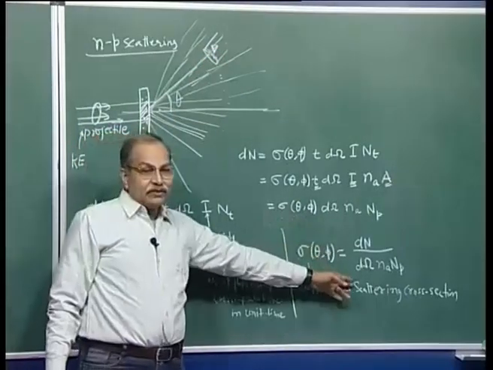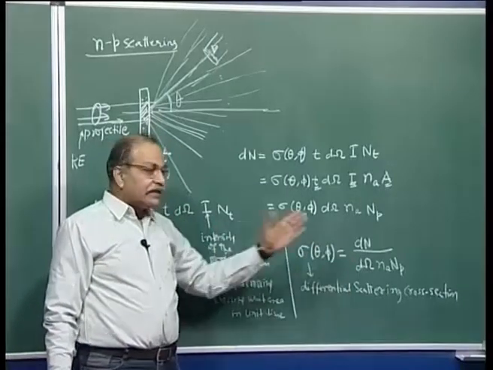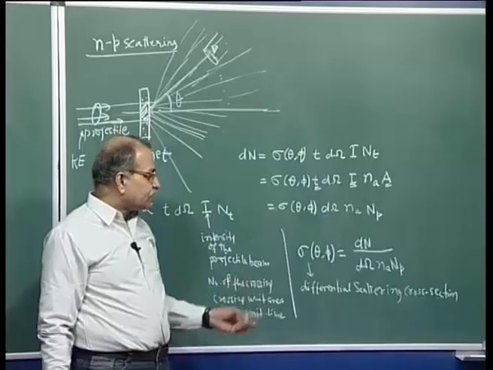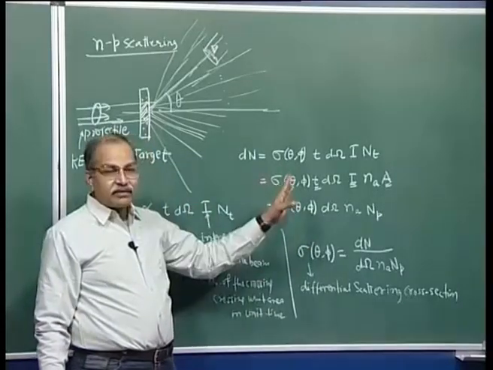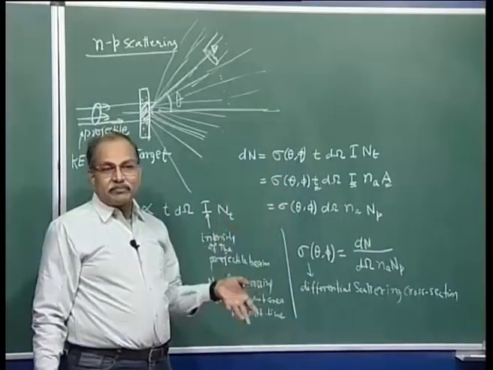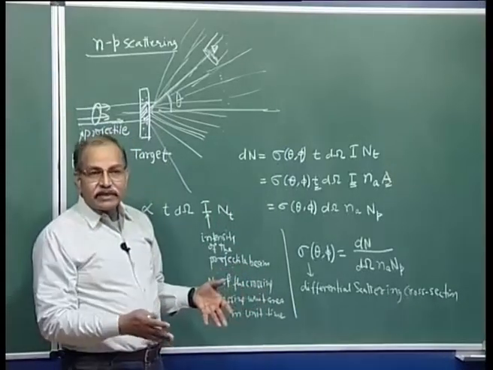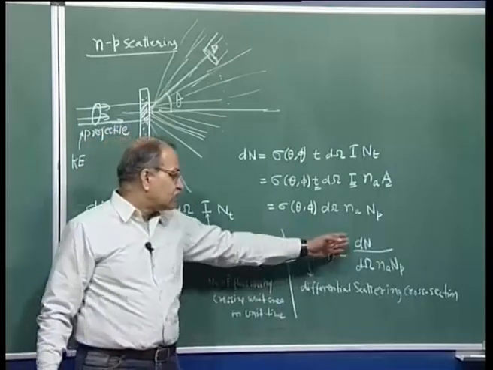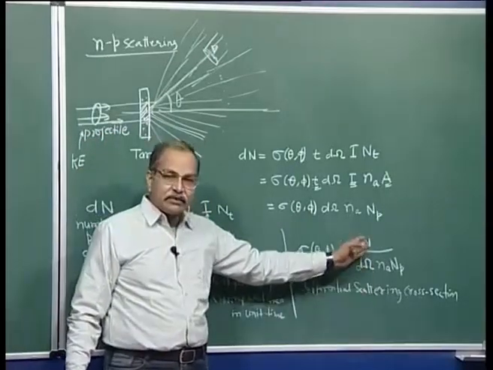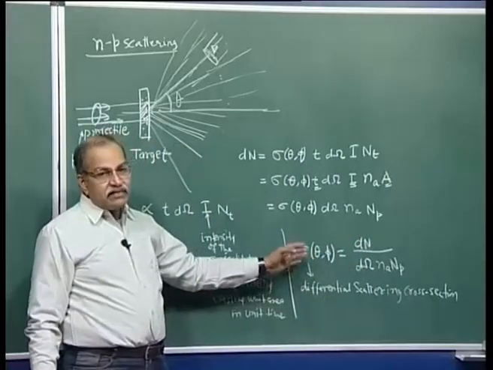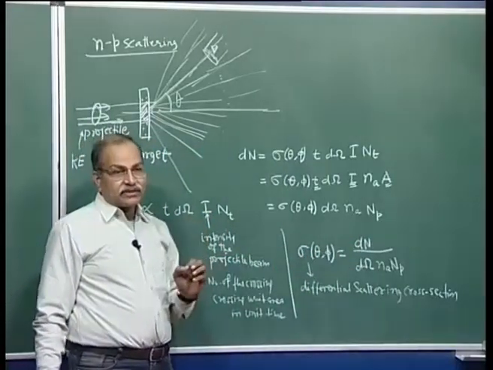Then the areal density: what target you are using, its density, its thickness, and the number of projectile particles hitting during your experiment, whatever time you have allowed. All those things can be calculated, measured, counted, and from there you can experimentally obtain the scattering cross section.